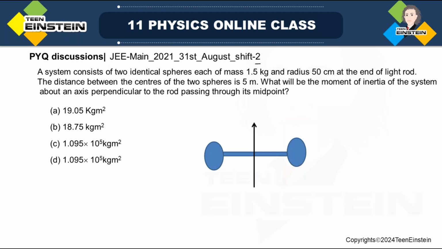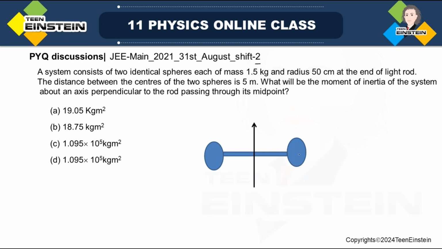This question says a system consists of two identical spheres, each of mass 1.5 kg and radius 50 centimeter, at the end of a light rod. You can see the system I have drawn for your understanding. There are two spheres, identical in mass and radius.